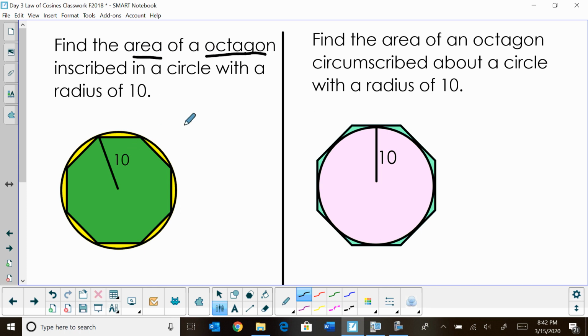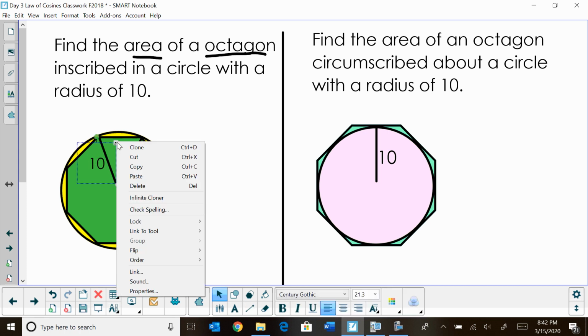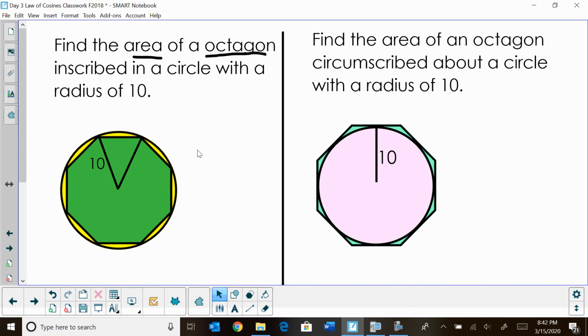Well, this one's similar to the pentagon we did a few minutes ago, because we have this full length, which is the radius of the octagon. It's actually pretty easy. All we have to do is think about the fact that the radius is 10 here, and then we're going to have another radius over here that's also 10.